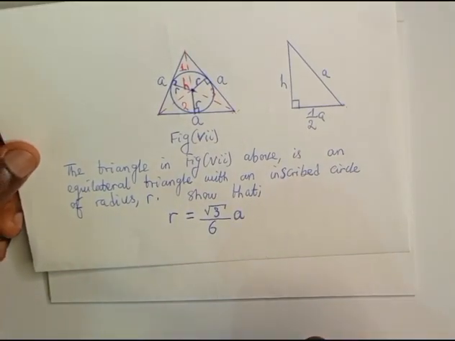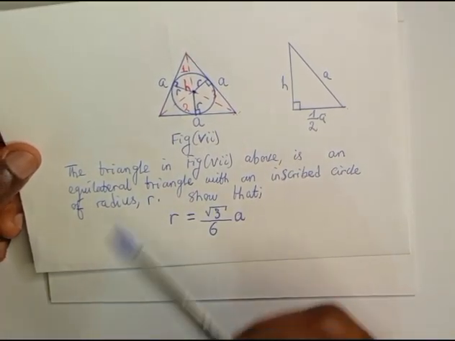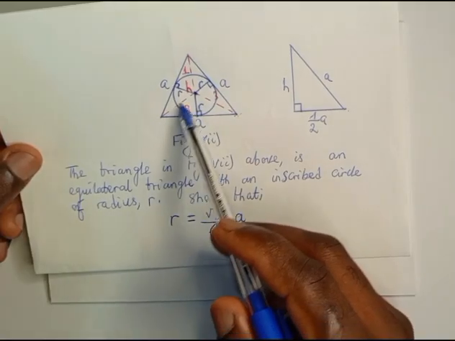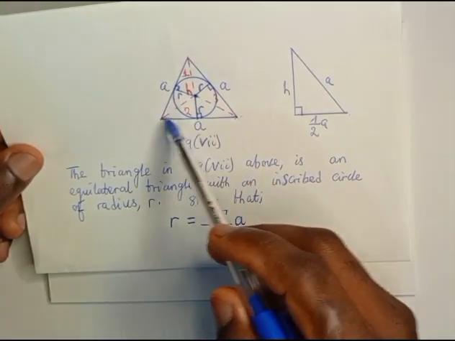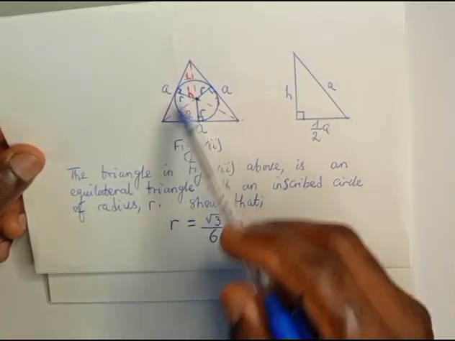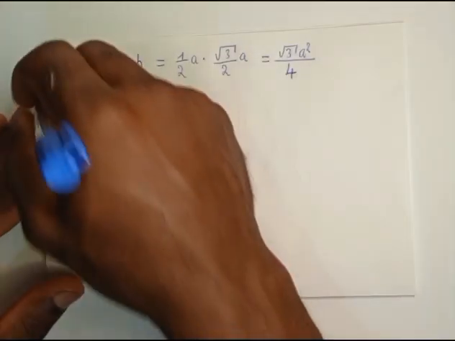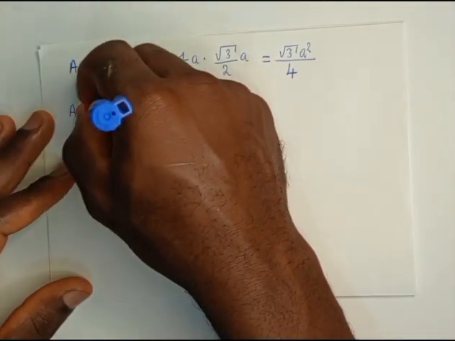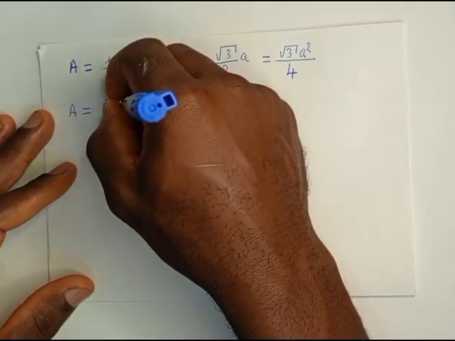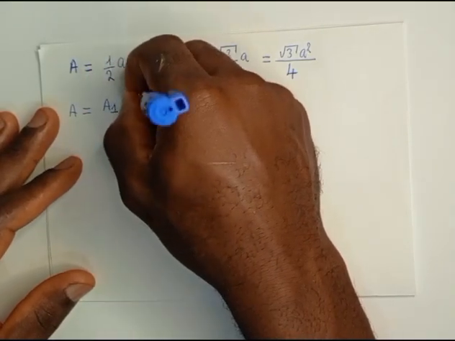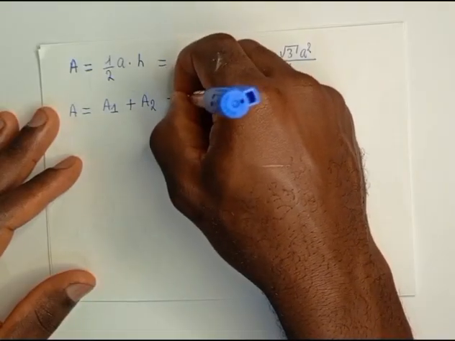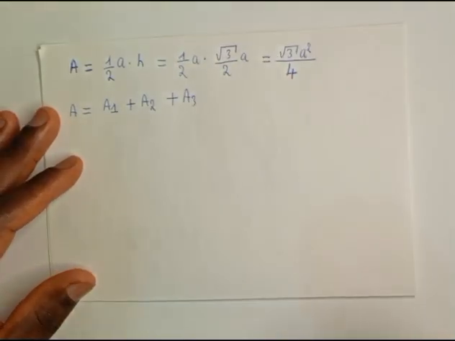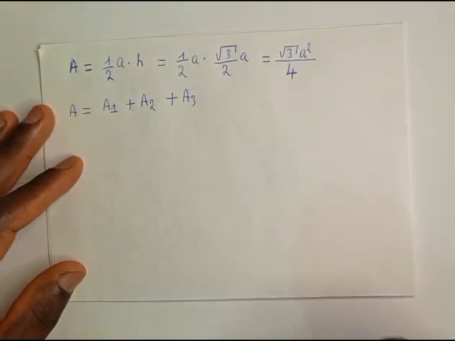Also, we know that the area of this equilateral triangle is equal to the area of triangle 1 plus the area of triangle 2 plus the area of triangle 3. A is equal to A1, which stands for the area of triangle 1, plus A2, which stands for the area of triangle 2, plus A3, which stands for the area of triangle 3.